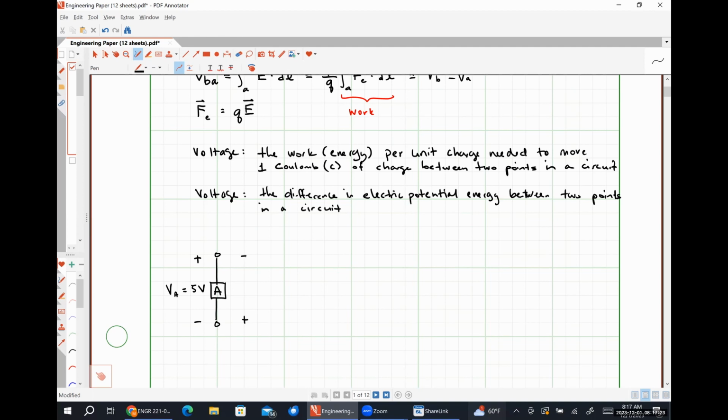So with positive polarity on top, we have positive 5 volts, then positive polarity on bottom means that we must have negative 5 volts. So anytime that we see a negative voltage, we can make it appear positive simply by changing the polarity. I don't know about you, but I am hot garbage when it comes to dealing with too many negative numbers and making sign mistakes. So the overwhelming majority of the time, anytime I see a negative quantity, I'm going to try to do something to get rid of those extra negative signs so that I don't make simple mistakes.